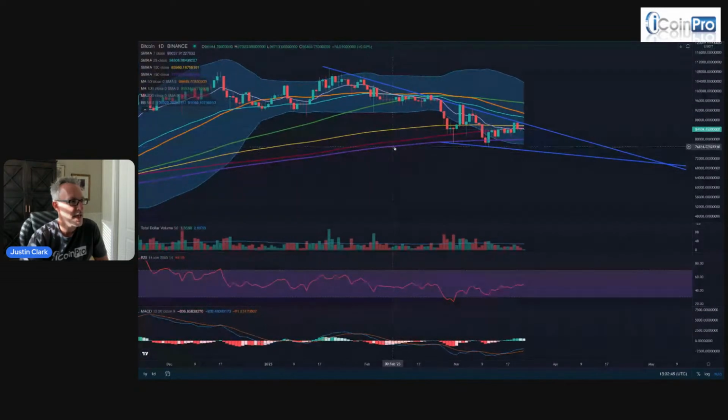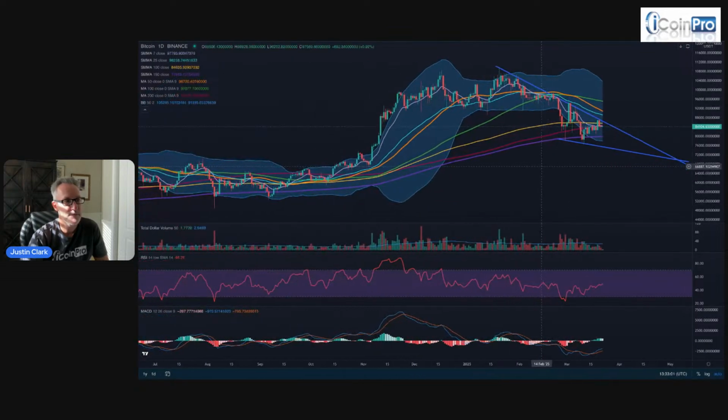What look like spaghetti noodles, this purple, maroon, yellow, green, orange, light blue, very light blue, light purple, these are moving averages. They show areas of potential support and or resistance.